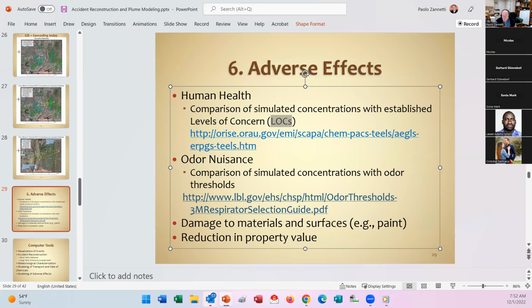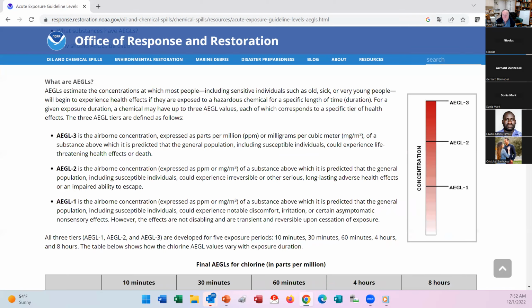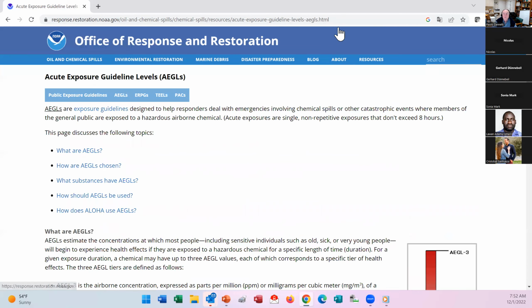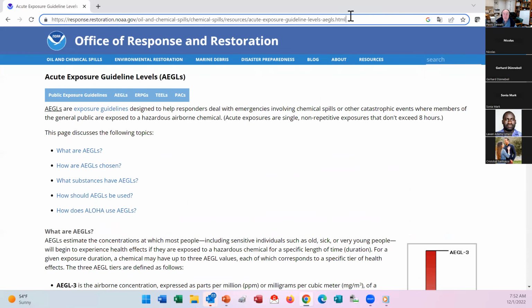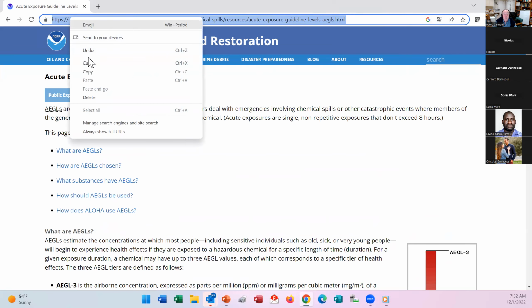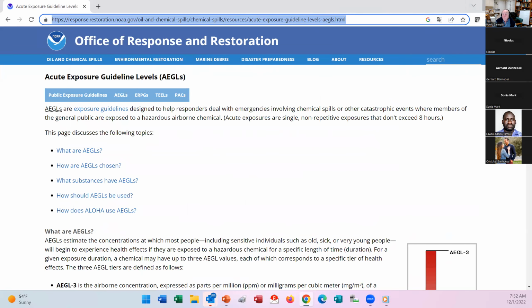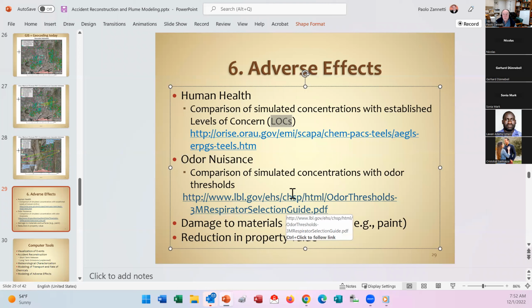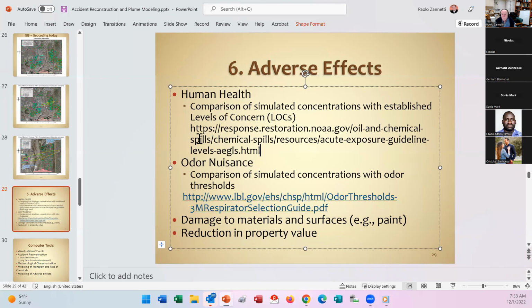Okay, let me fix this. So the next time I use this PowerPoint, okay. Other adverse effect, odor. We already talked about odor.